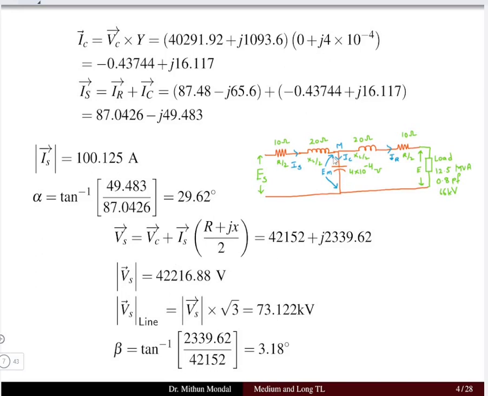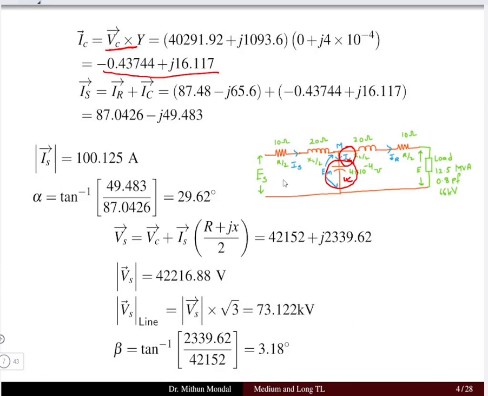Now once we have got the voltage across this capacitor, we can find the current which is flowing through this capacitor. Current is equal to voltage into admittance. We have been given the admittance of the line, that is the shunt parameters, so we can find the current which is flowing through the capacitive end.